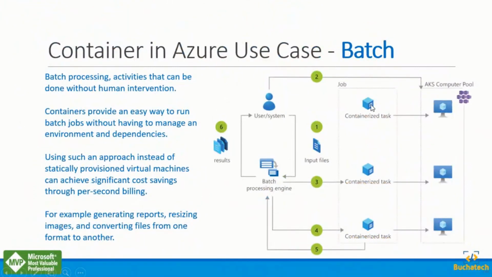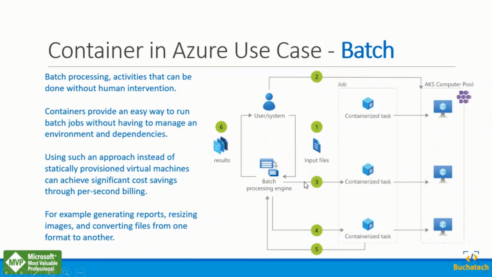So here's an Azure Batch example of that. So remember I talked about being able to run containers on batch service. So if you need to just run different batches to process things, right? So an example here is generating reports, resizing images, and converting those from one file type to another. All right, so you would import the files here, and then there would be a job that runs, right? A containerized task.